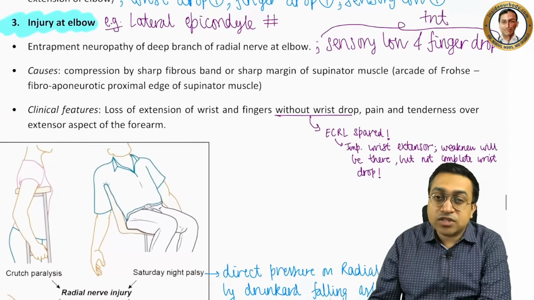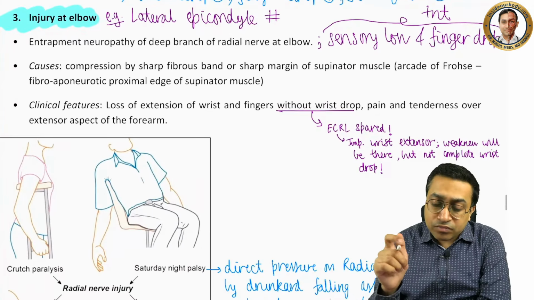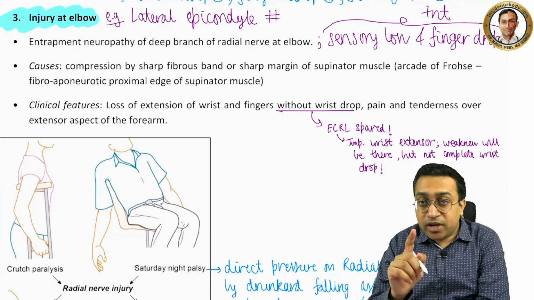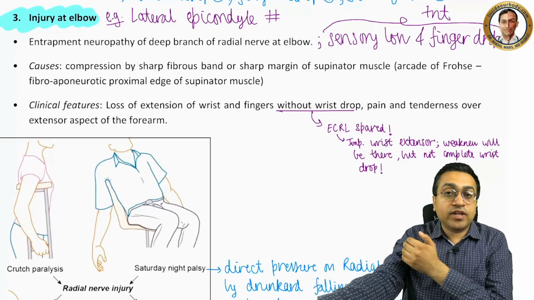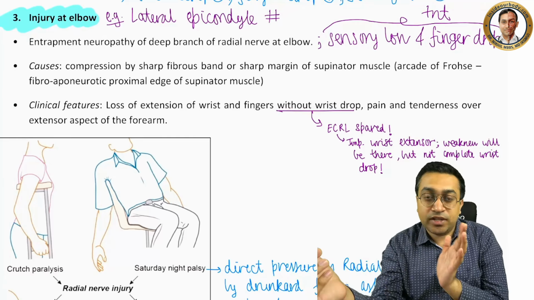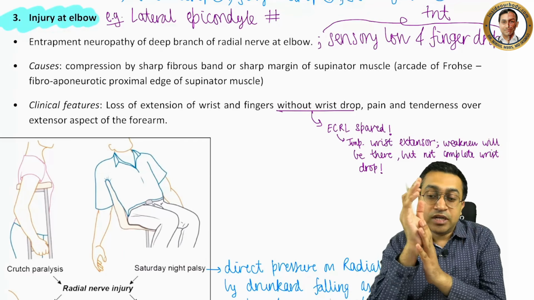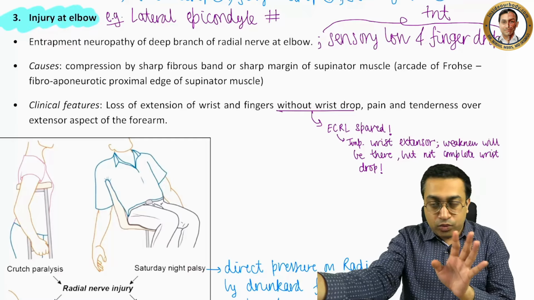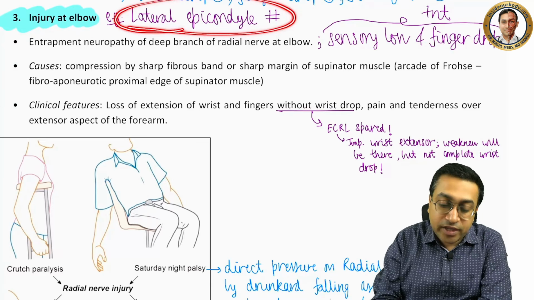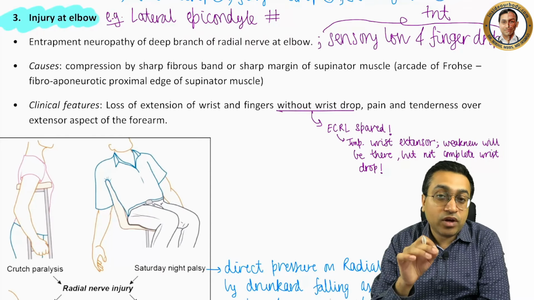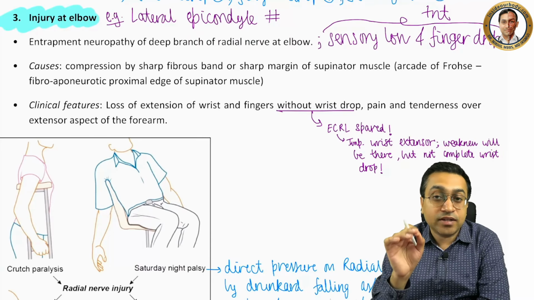So this is injury at the elbow. Now you remember, injury at the elbow, what is the nerve? Radial nerve was traveling at what point in the elbow? I have shown you in 3D. That's the reason 3D orientation is important. Is it the medial epicondyle? No, it's the lateral epicondyle. So lateral epicondyle fracture can be the classical case scenario where you have specific injury of the radial nerve at the elbow.